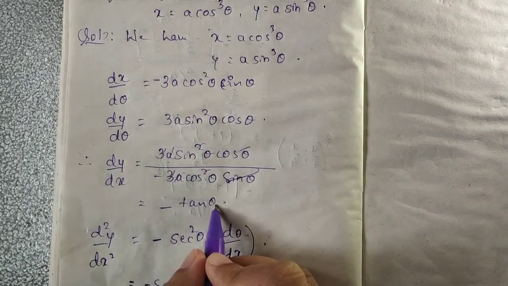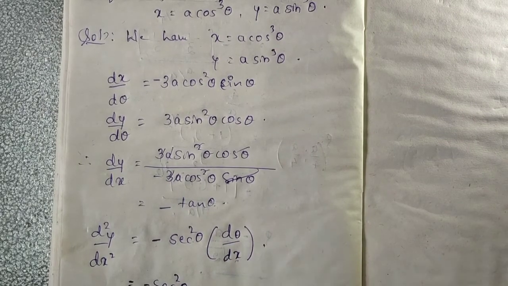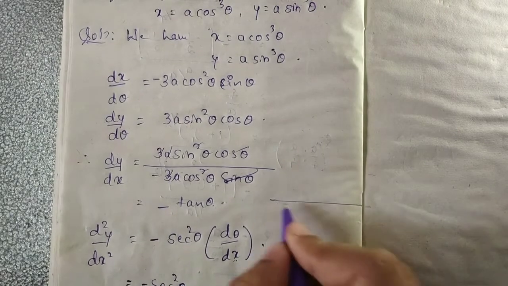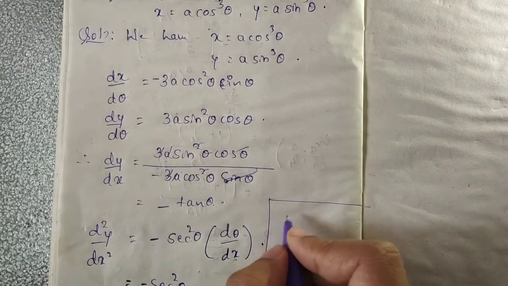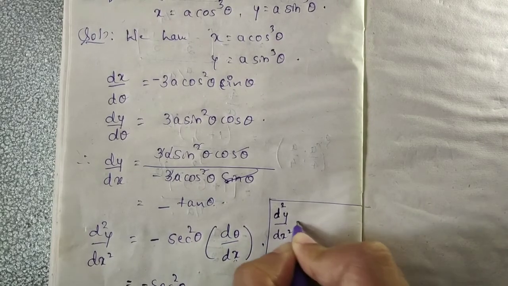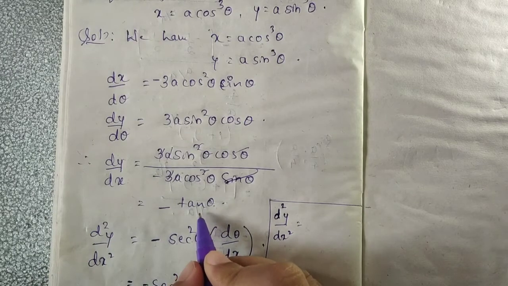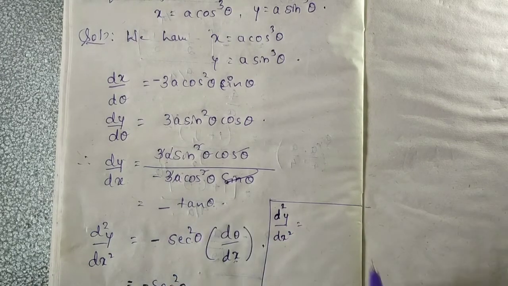Here with respect to theta we are differentiating. That's why we took the chain rule. How is this? I am explaining again. d square y by dx square we need. We have dy by dx. Dy by dx is in theta format.